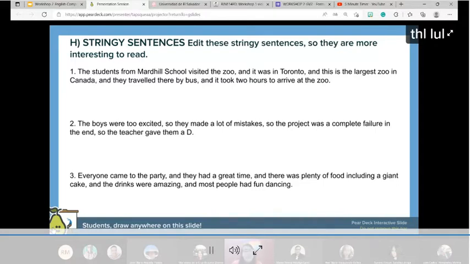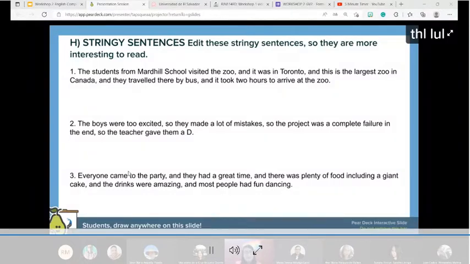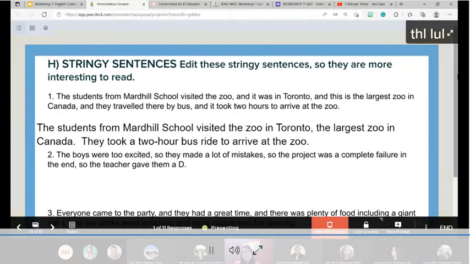The second one: the boys were too excited, so they made a lot of mistakes, so the project was a complete failure in the end, so the teacher gave them a D. I will show you the response here.